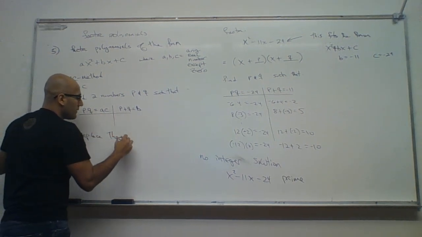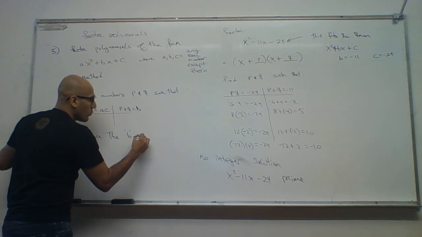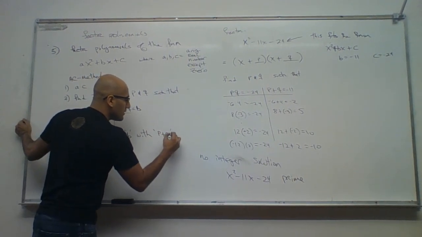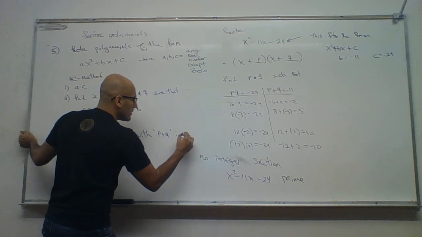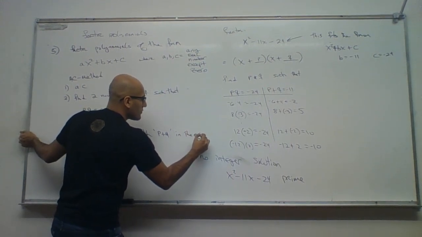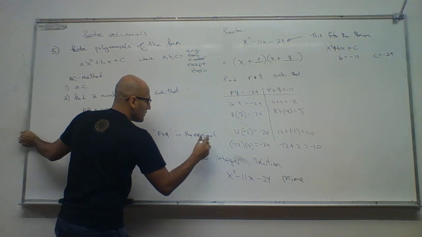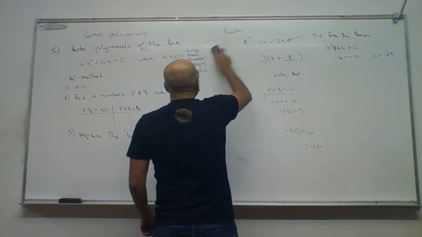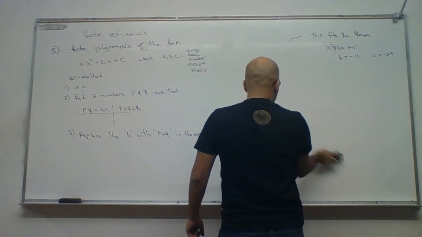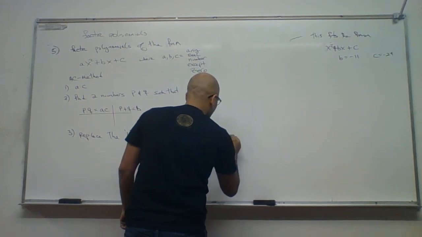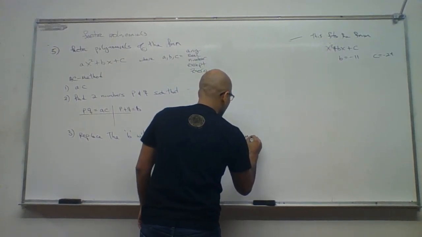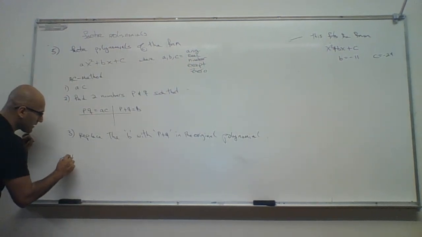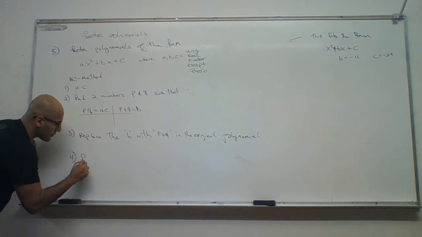Replace the b with p plus q in the original polynomial. Okay, and then finally, step number 4 is going to be factor by grouping.